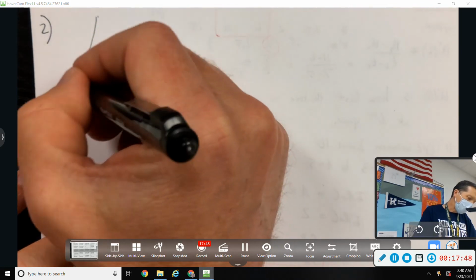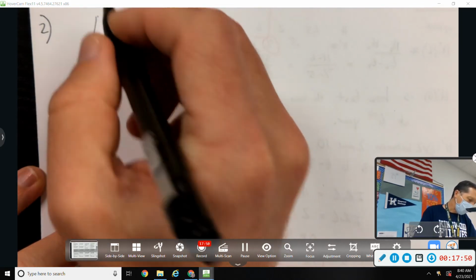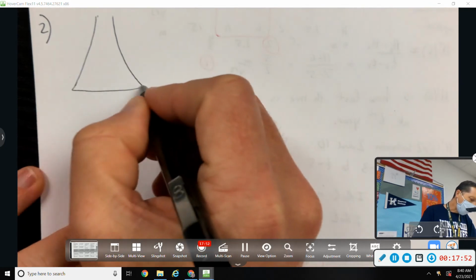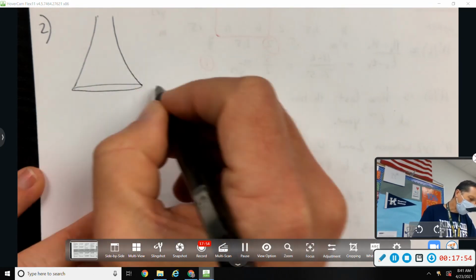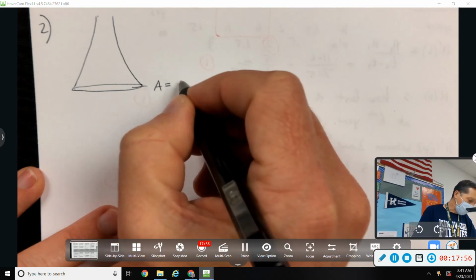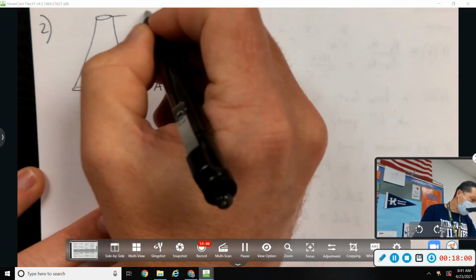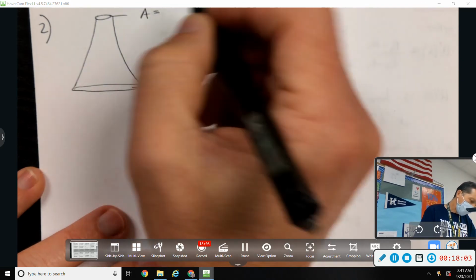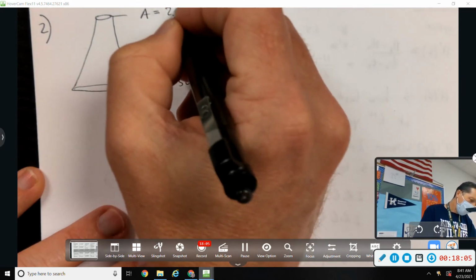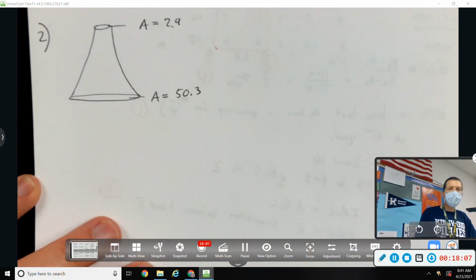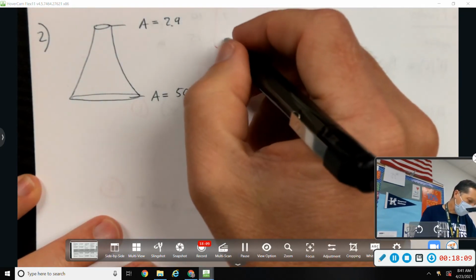I don't want to try to guess the shape of this tank, but at height 0, that cross-sectional area, and I don't know that it's a circle, but it's getting smaller. At h equals 10, the cross-sectional area was 2.9. So I'm just trying to visualize this thing.